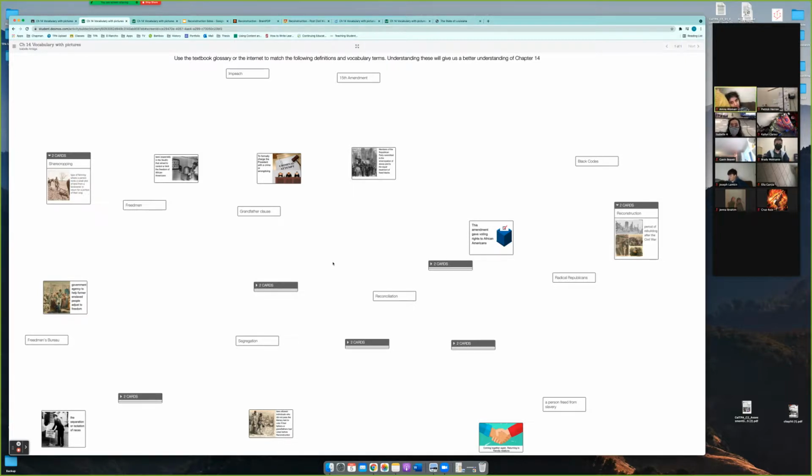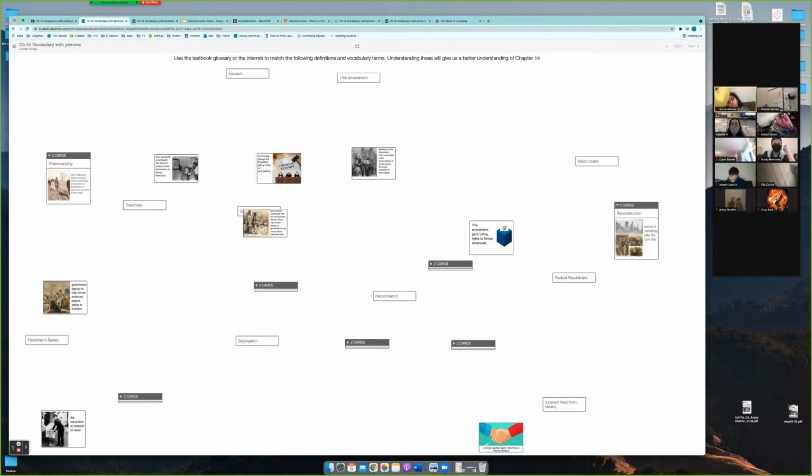Okay, and let's do one more. So who thinks they know what grandfather clause is? Did anybody get that one? Chris. Perfect. Laws allowed individuals who do not pass the literacy test to vote if their father or grandfather could vote before Reconstruction. Okay. So taking a look in a little bit, we're taking a look at the 15th Amendment, right?